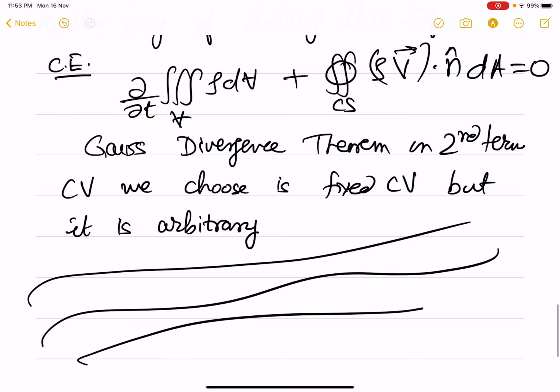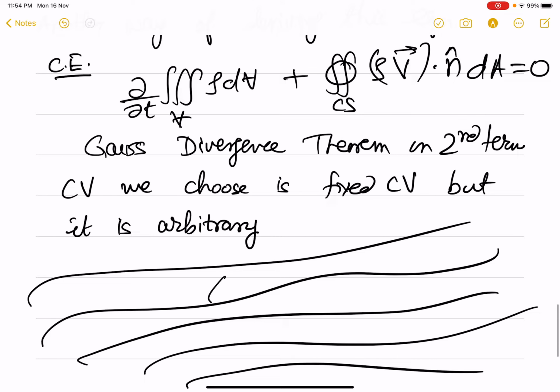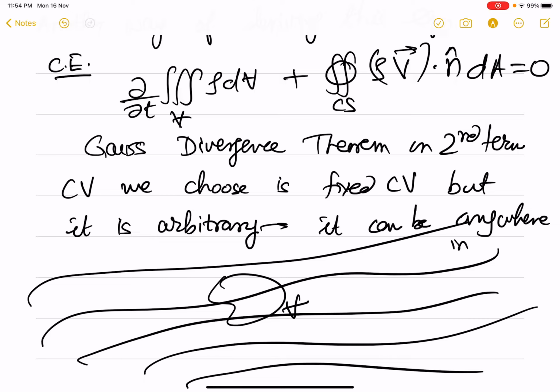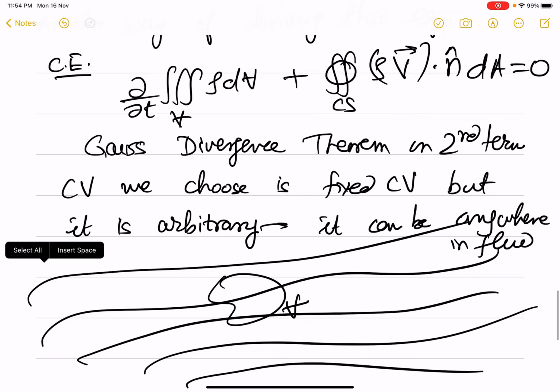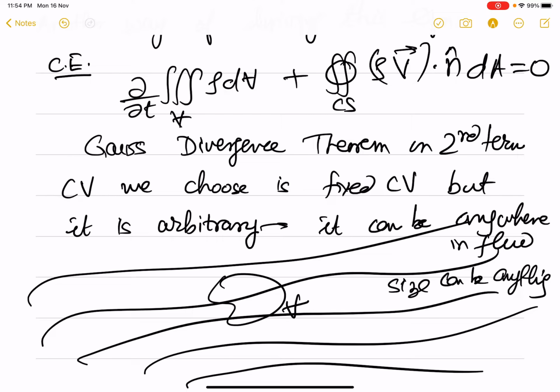We have some flow which is there. We can choose any control volume V. So arbitrary means it can be anywhere in the fluid. It need not be at a particular location, and its size can be anything. It can be very big or it can be very small, and I can choose it here or here or here. Anywhere I can choose this control volume.